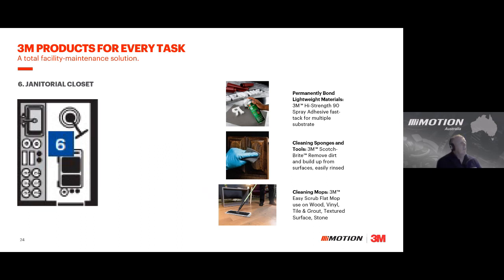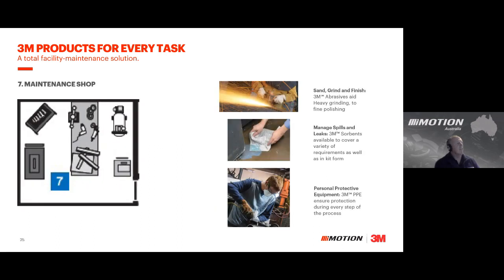And then also down through to further cleaning mops with their easy scrub flat mop for different flooring surfaces as well. So as we've seen, we've shown a variety of different products that perform across multiple of different sites in your plant area. Thanks, Shevelin.